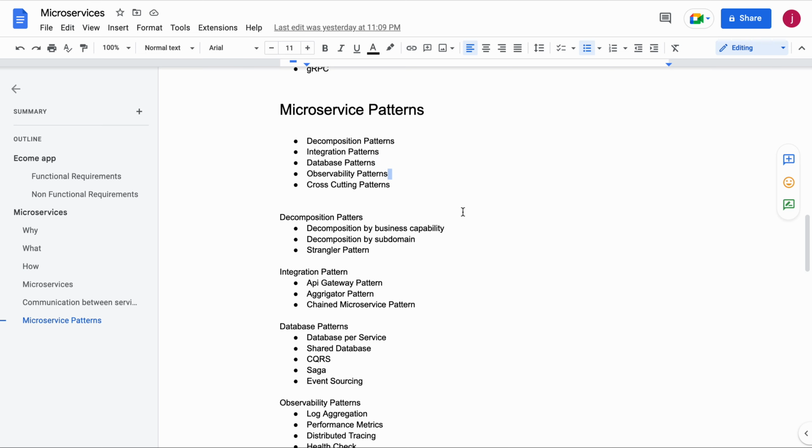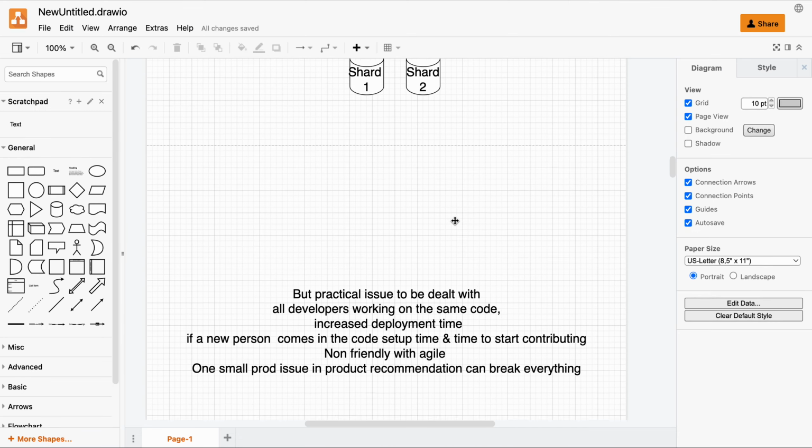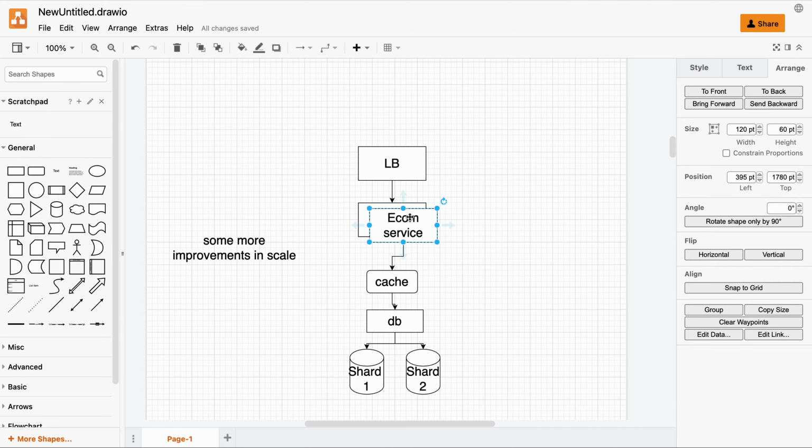Then observability patterns. This is one part that is really important when it comes to microservices. Previously, we had this single service. Whatever issue we had, we could check the service logs and find what is happening in the system.